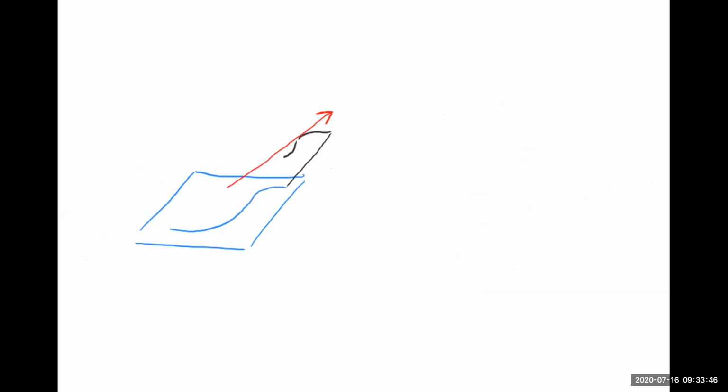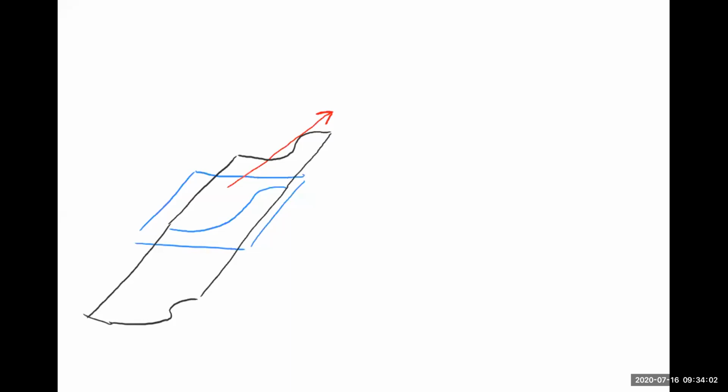I can take another generating curve. My generating curve might be something else, it might be like this. This time, if I move it in this other direction, the surface I would get would look like this. So for any curve and any direction, I can move that curve in that direction and I would end up with a surface.